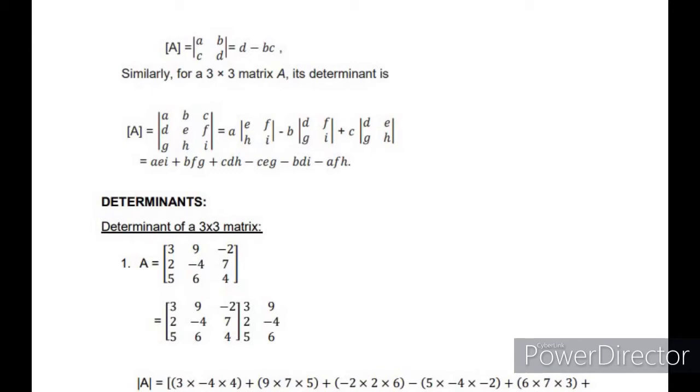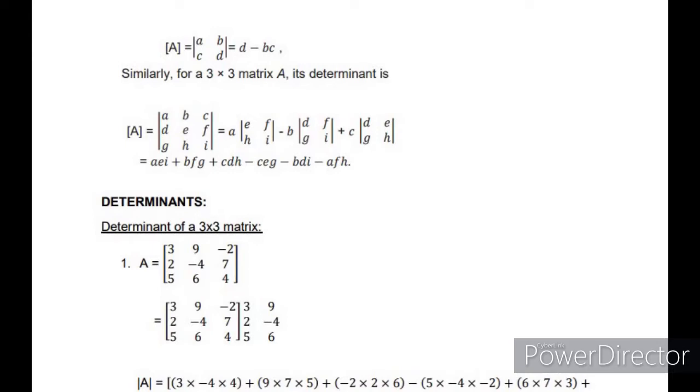So we can also write this formula like the following: equals AEI. So we just multiply the outside element, which is A, to the diagonal elements from upper left to lower right, which is EI. Okay, so plus BFG.